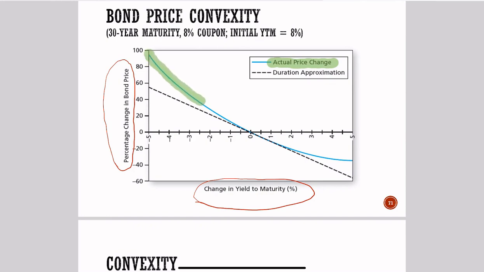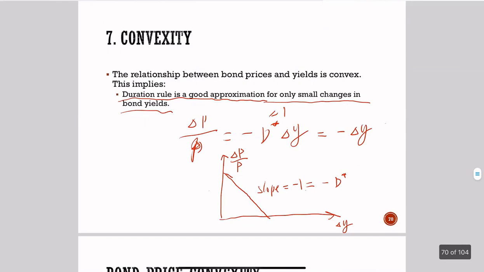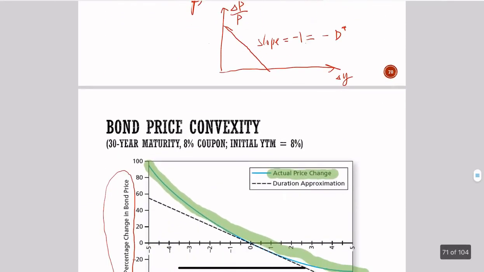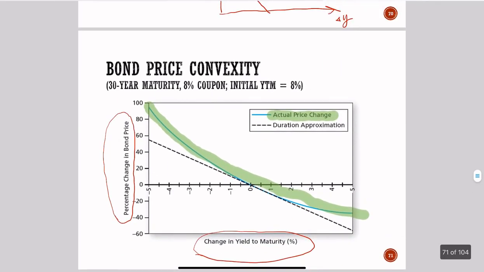This is the correct relationship. Now, what kind of result can we get if we use this formula? You just learned that if you draw out this formula, it is a straight line and its slope is minus modified duration. So you will get this line.